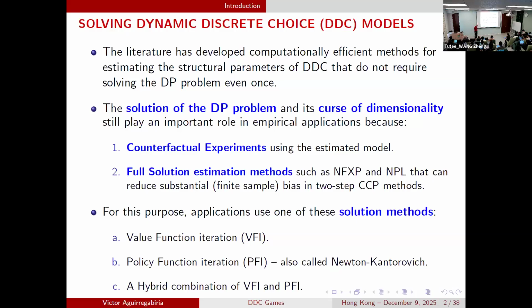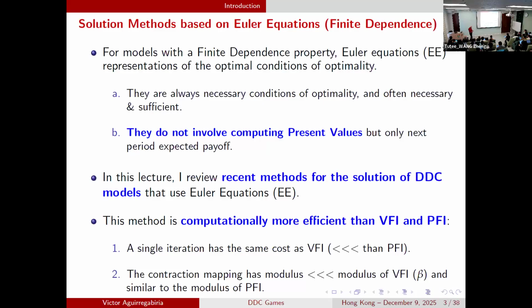Policy function iteration, that is also called Newton-Kantorovich, and Bertel also described it yesterday, is quite common. And of course, as Bertel mentioned yesterday as well, hybrid combinations of value function iteration and policy function iteration. Basically, these are the methods that are typically used for the solution of this. Okay?